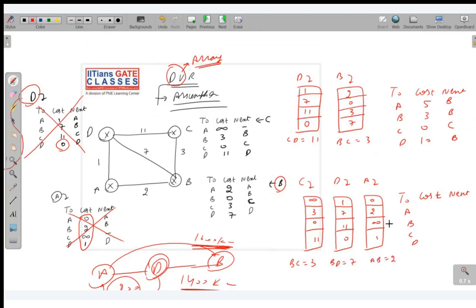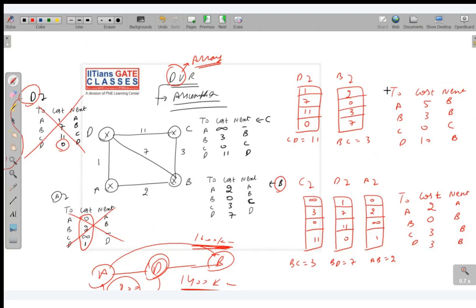So B to B you put 0 first. For A, infinity here we'll just leave it, 8 and 2. Which is better? 2 via A. For C: 3, 18 and infinity. So 3 is better via B. For D: 11 plus 3 is 15, 7 and 3. 3 is better via B.